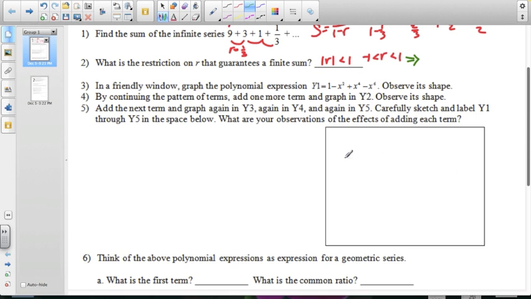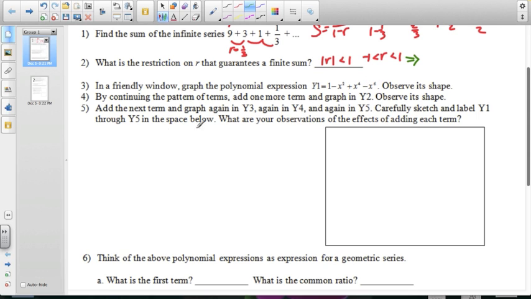So if we take that philosophy and look at this expression, 1 minus x squared plus x to the 4th minus x to the 6th, and so on and so forth.